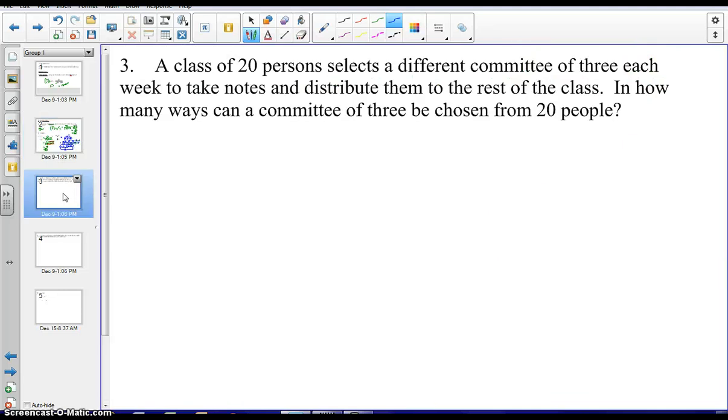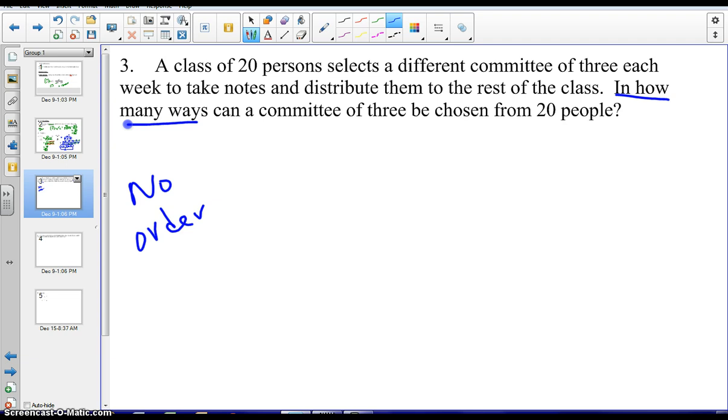Look at example 3. A class of 20 persons selects a different committee of 3 each week to take notes and distribute them to the rest of the class. In how many ways can a committee of 3 be chosen from 20 people? A couple of things here. In how many ways? You'll see this quite frequently because order does not matter here. We don't care who was chosen first on the committee.